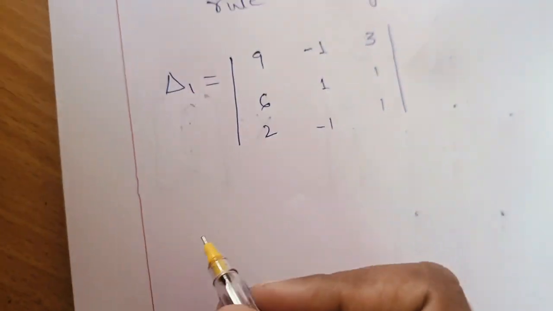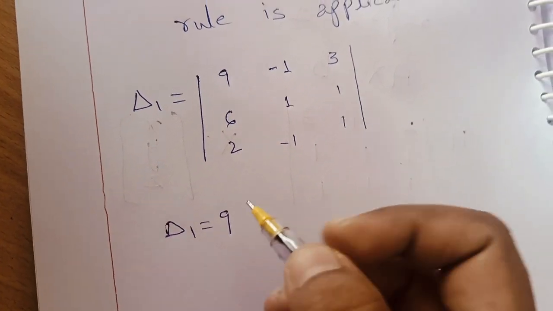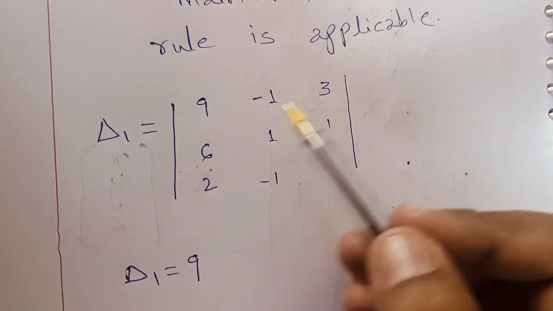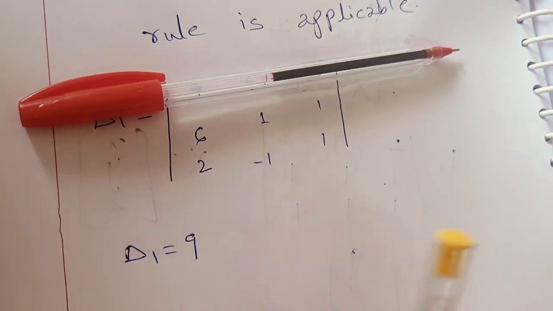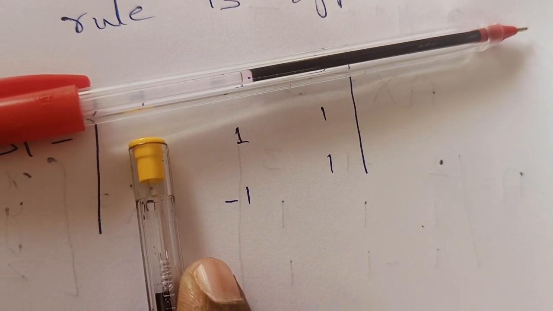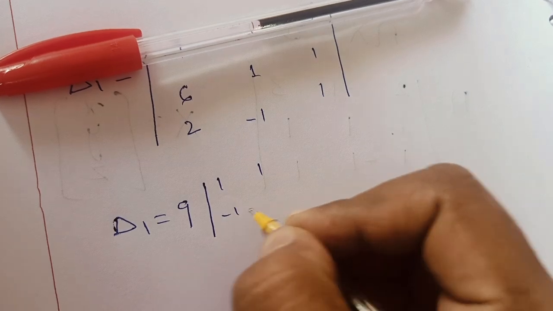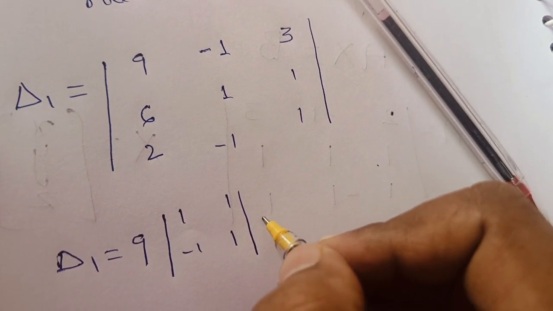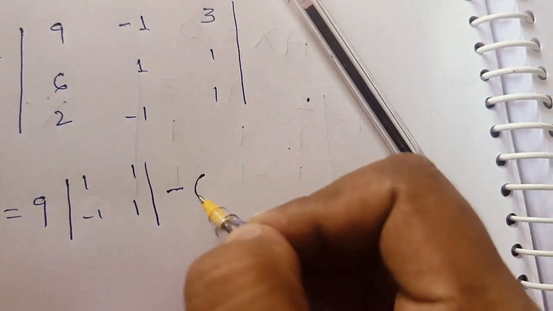Again its expansion is delta 1 is equal to, the first term is 9. This 9 is lying in the first row and first column. So we are hiding this first row and this first column. So we get 1, 1, minus 1, 1. When we write the second term, we have to put minus sign. And then the second term is minus 1.